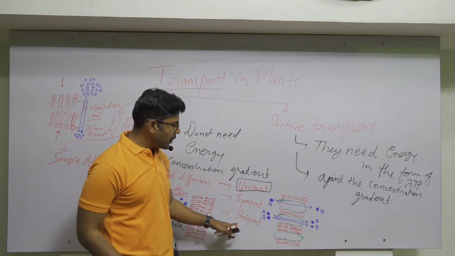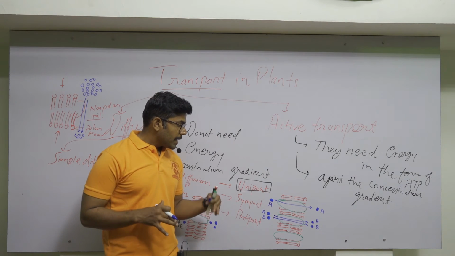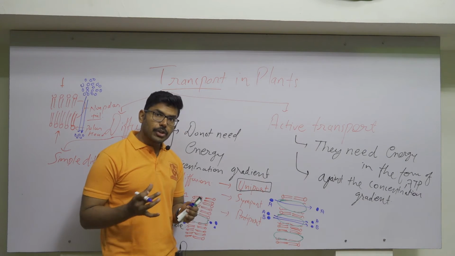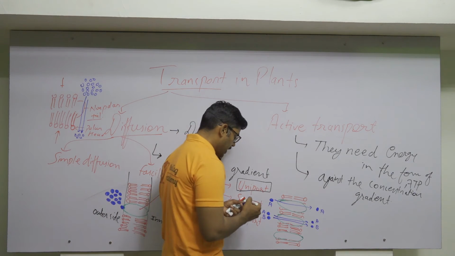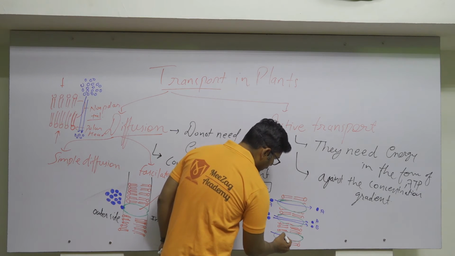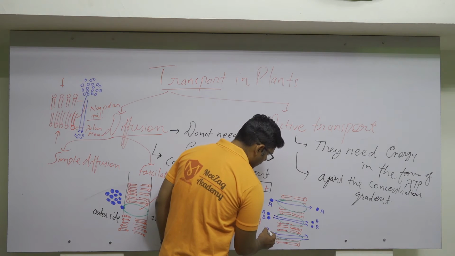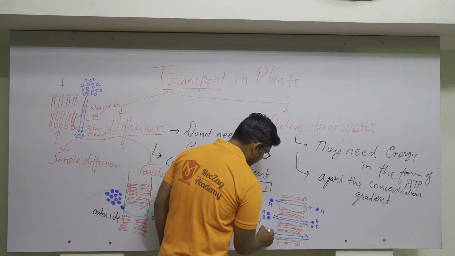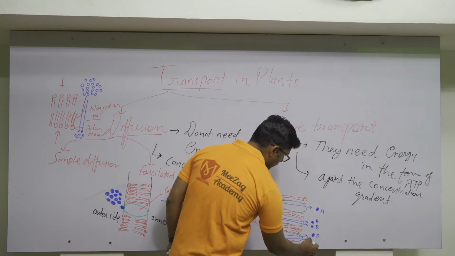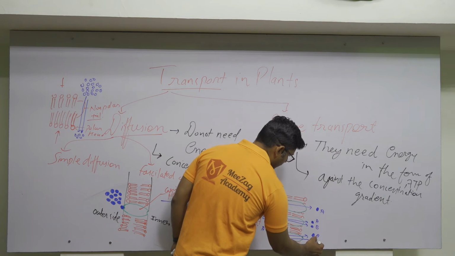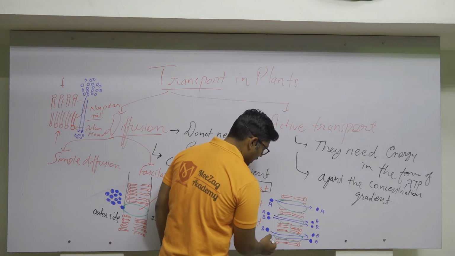Okay, and the third one is antiport. Antiport means the transportation of two different molecules in the opposite direction. In antiport, two molecules will be transported but they will be transported in opposite directions. So molecule A is here, and molecule B will be transported from the inner side to the outer side.